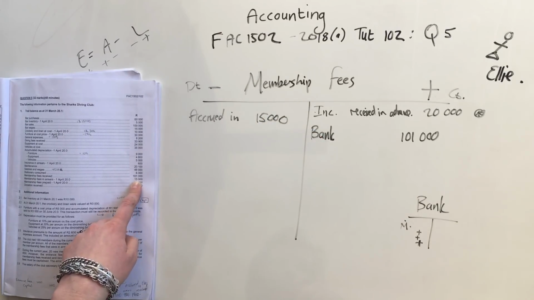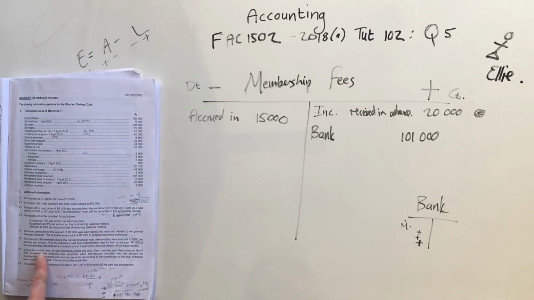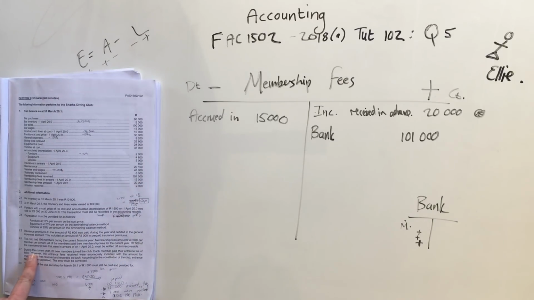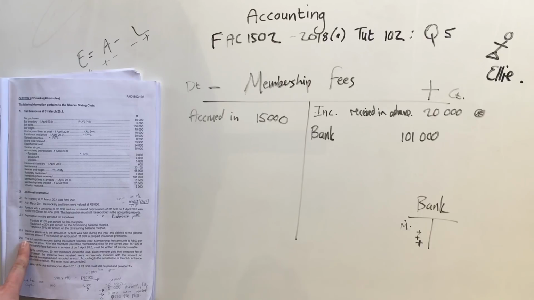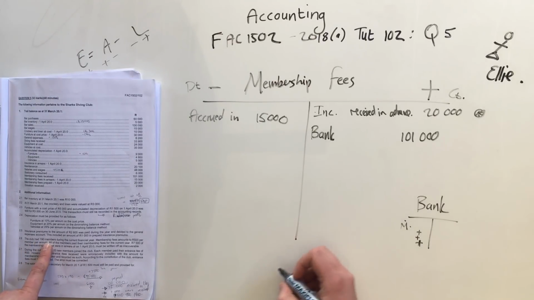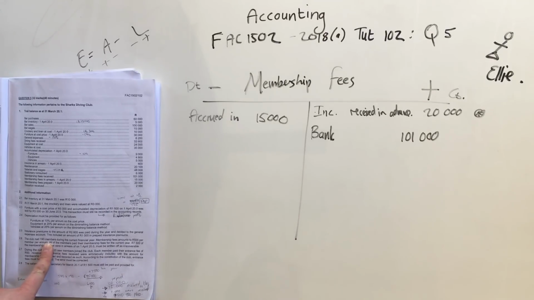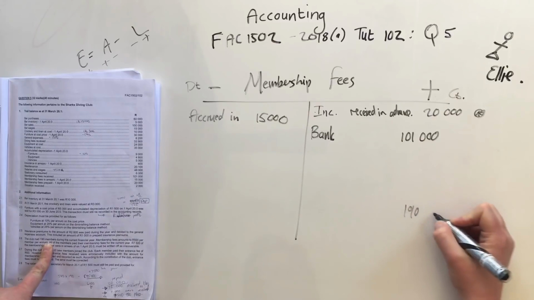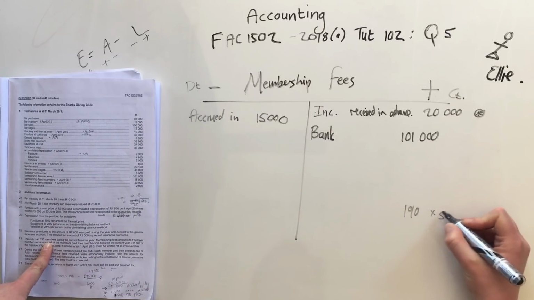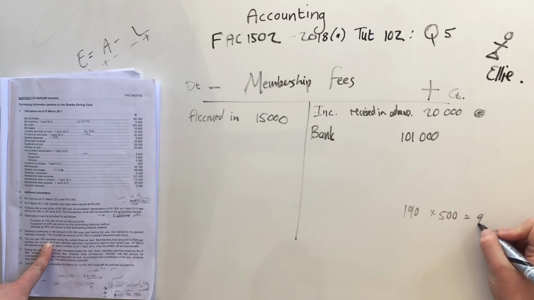By point number 2.6, they say that the club had 190 members, that all paid 500 Rand, and that comes to 95,000.